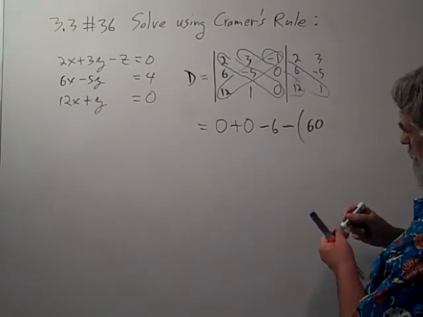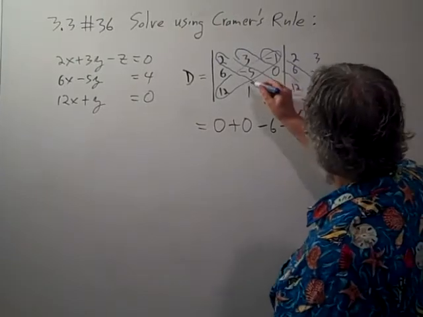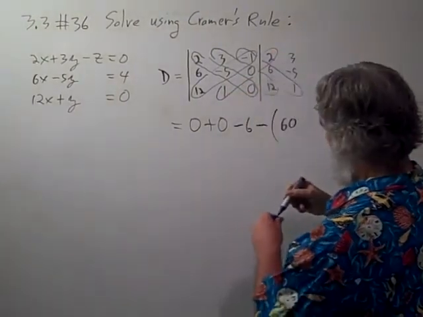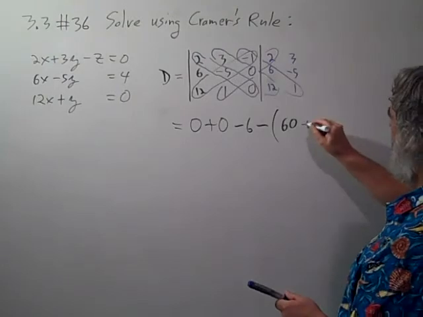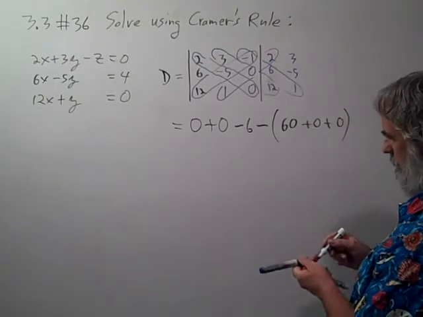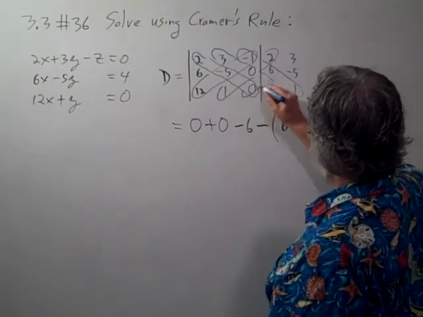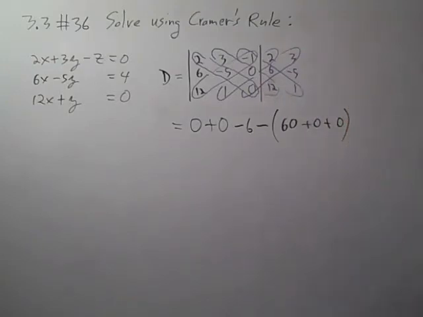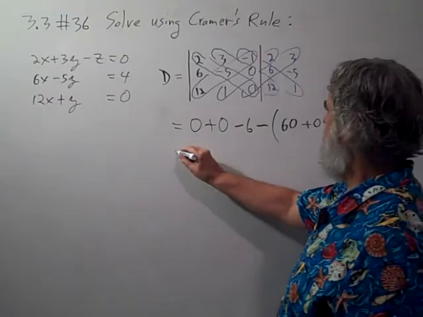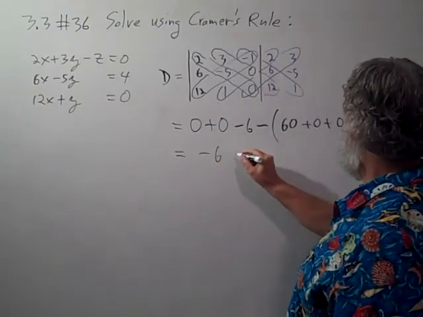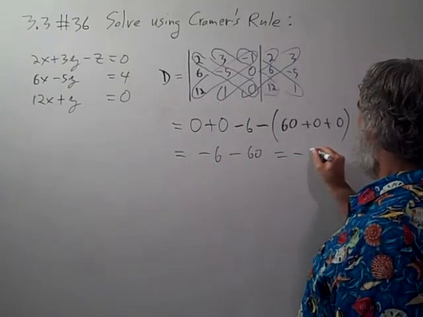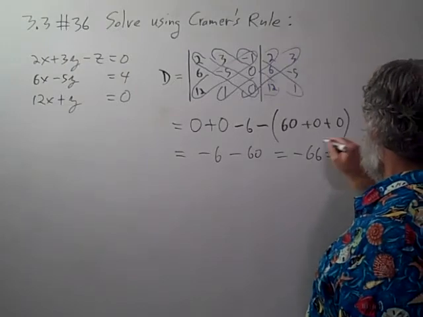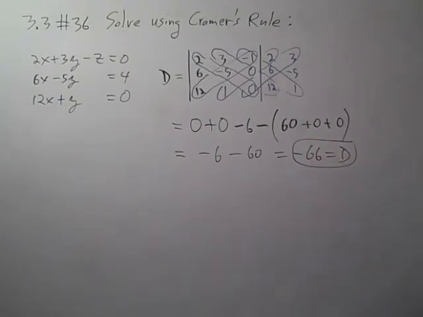And then 1 times 0 times 2 is 0. And the next one's also 0, because it's just 0 times whatever. So we end up getting -6, -60, -66. So d for this system is -66.